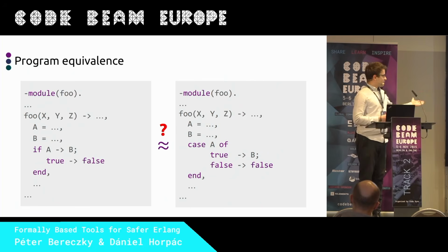For example, they can occur in a function inside a module. And since we want to prove that these are inequivalent, you just have to show a context where they behave differently. For example, in this case, you can bind A to something which is not true and false, and you will get a difference in the behavior. Therefore, these codes are not equivalent.